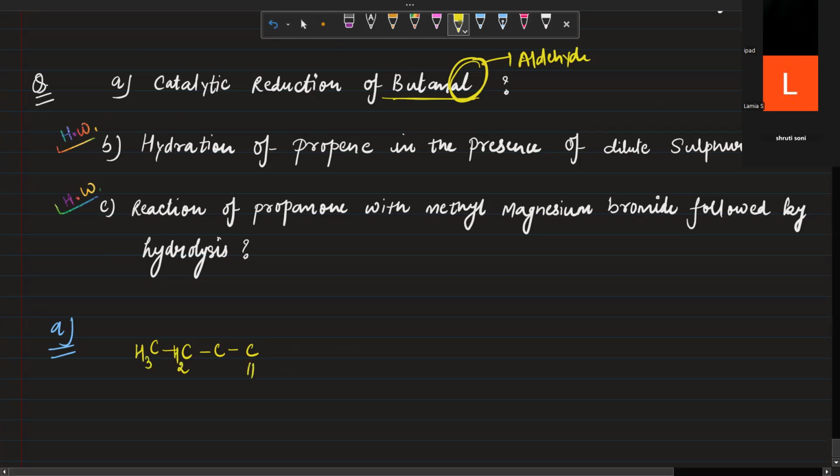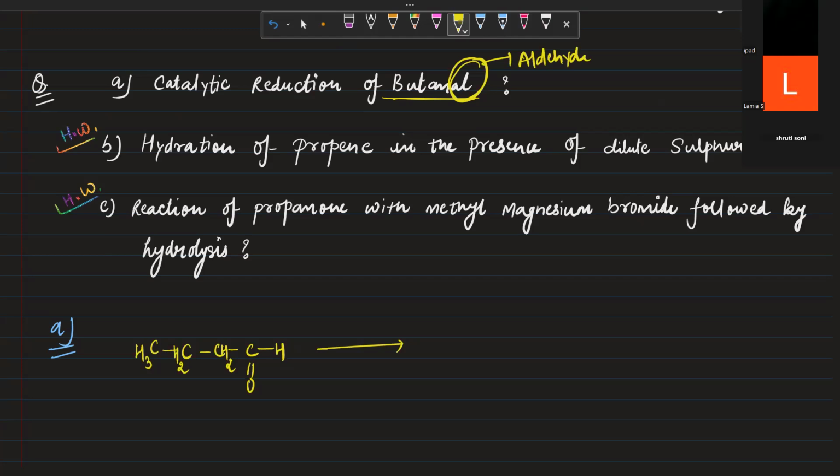So here, is it right or not? Sure. Okay. So after this butanal, what I need to do is a catalytic reduction. What is catalytic reduction?